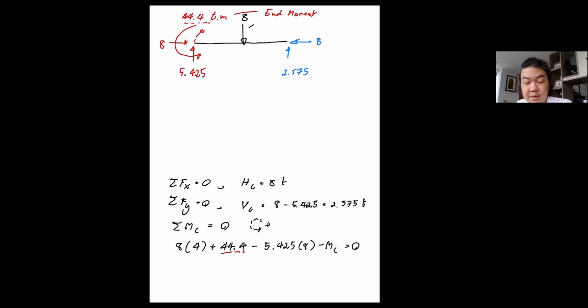So playing some calculation music, you know that MC is equal to 33 ton meter. It's positive. That means I assume in this equation that my MC is clockwise and it comes out to be positive. So that means my MC is clockwise, 33 ton meter. So that's the completion of the second free body diagram.